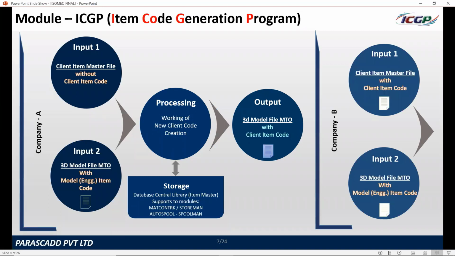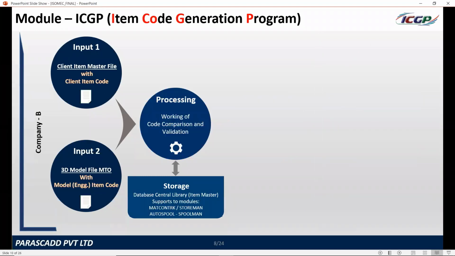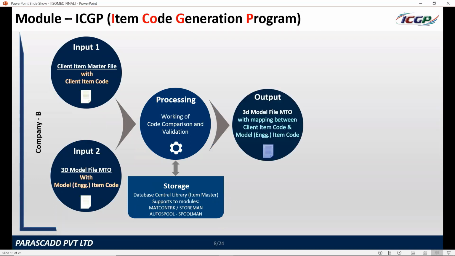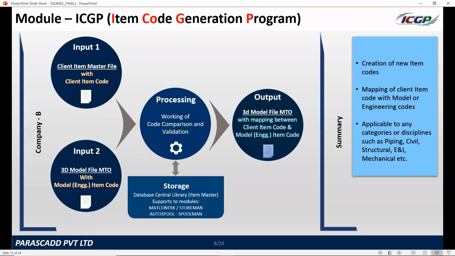The second scenario is that your master file already has the client item code, but at the same time you have the model item codes also. For this case, we also have a provision for code comparison and validation of those two item codes. By this, what we can do in the software and get as output is mapping between the client item codes and the model item codes in one single item master output.